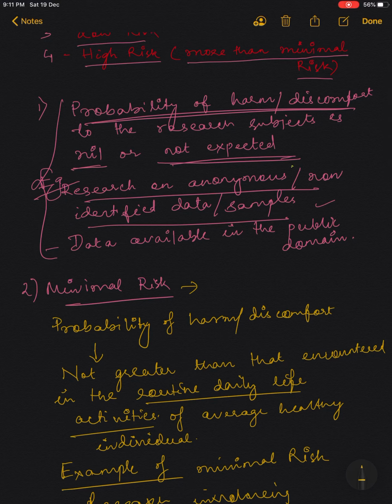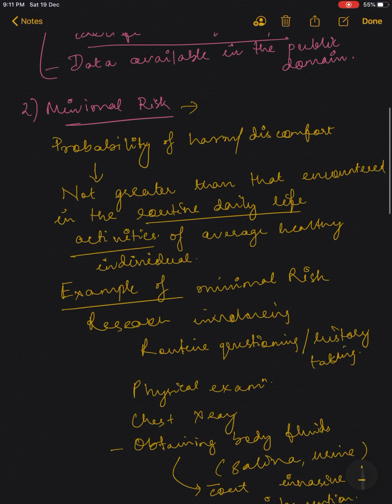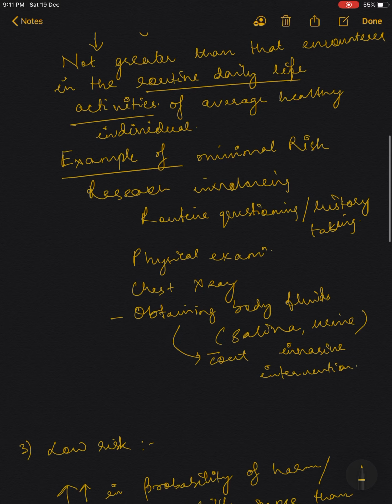Now in the less than minimal risk, the probability of the harm or discomfort is nil or not expected. Examples of this are research on anonymous subjects, non-identified data or samples, and data available in the public domain. Under the minimal risk comes the case in which the probability of the harm or discomfort is not greater than that encountered in the routine daily life activities of average healthy individuals.